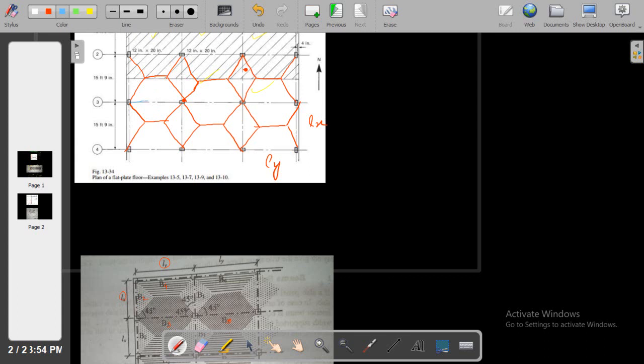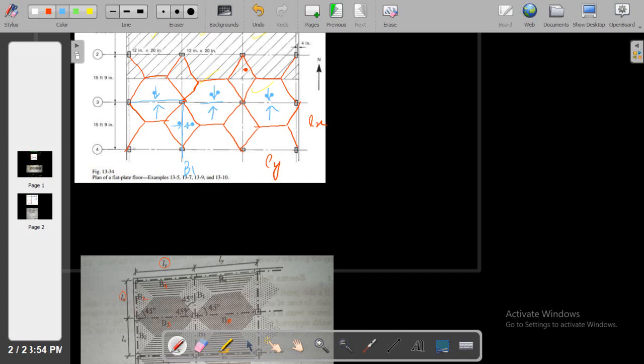To this beam, loads come from this trapezoid, and similarly from this trapezoid. Similarly to this beam, which is denoted here by B3, loads come from this triangular area and from this triangular area. Similarly from this trapezoid to this beam, from this trapezoid to this beam. Similarly here, similarly here.